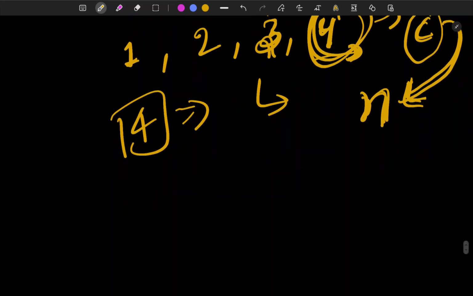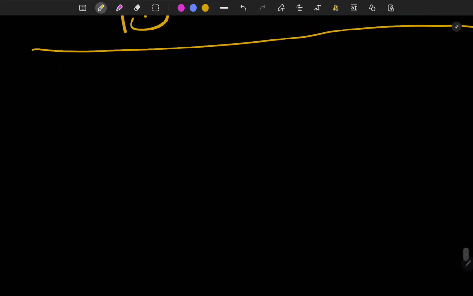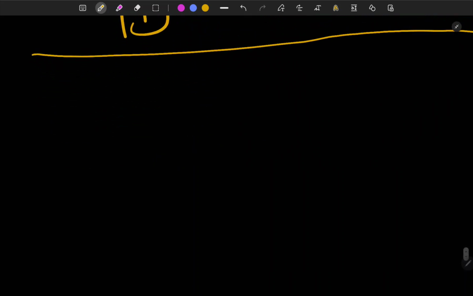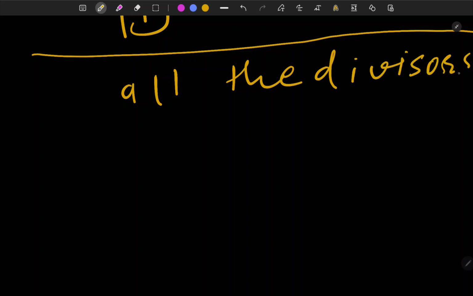So this question now reduces to this fact: I have to take C such that the length of C is equal to a divisor of n. Basically, you have to find all the divisors of n, and among those divisors, you have to find the smallest divisor which satisfies all the conditions given in the statement.